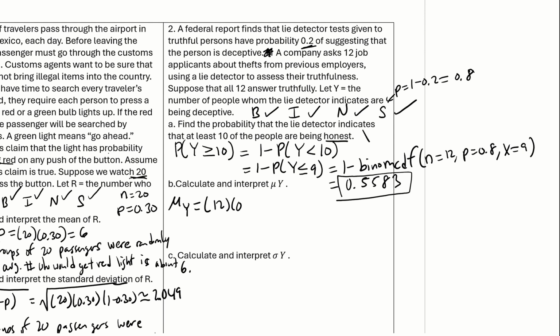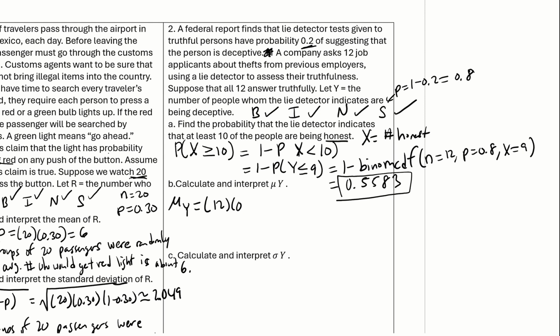So we're going to say x is the number of people that are being honest. Y is being deceptive. X is being honest.